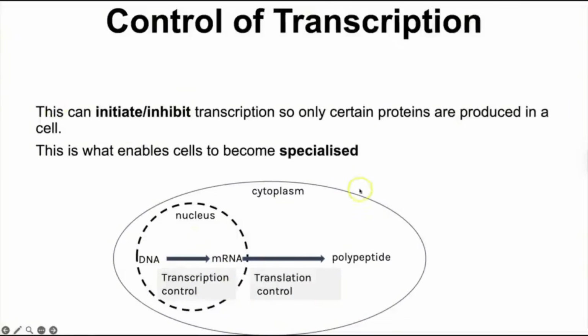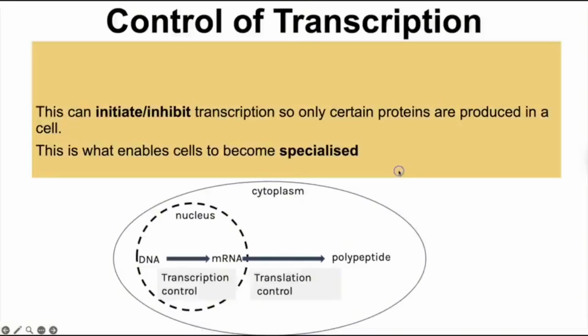And this is actually what happens naturally when cells differentiate and become specialized, because every cell in the body has your entire genome, so all of the genes. But because of transcriptional factors and other things, but mainly transcriptional factors, some of those genes don't get transcribed, some of them do. And that's how you get cells that produce a particular range of proteins and become specialized.